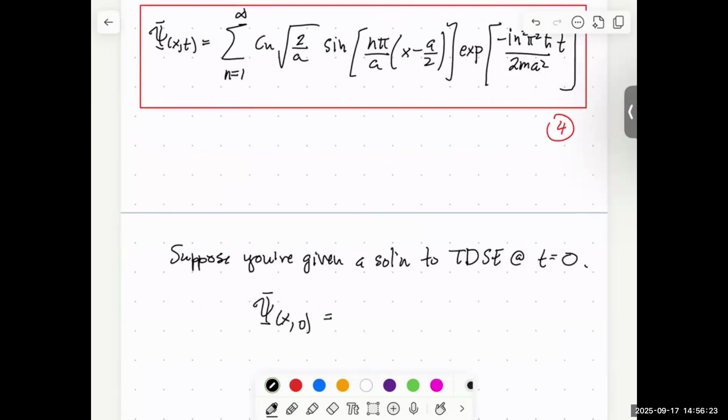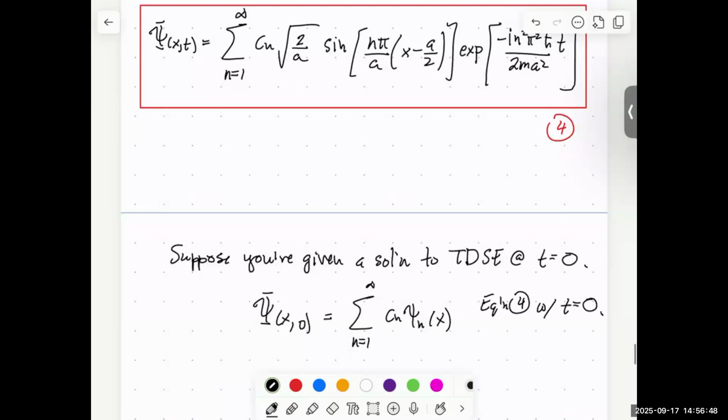Well, this exponential is just going to go away, and it's just the sum of Cn times the stationary states, n = 1 to infinity, Cn times psi n. So this is equation 4 with t = 0.